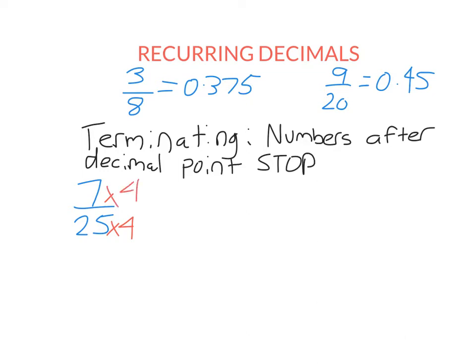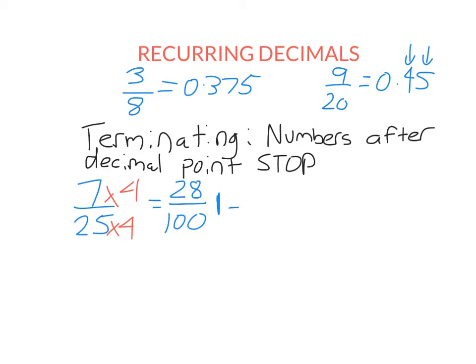So what I'm doing is finding an equivalent fraction. 7 over 25 is the same as 7 times 4, which is 28, over 25 times 4, which is 100. 7 over 25 and 28 over 100 are the same thing. But this fraction here is much easier to convert to a decimal because its denominator is a power of 10. And in decimals like this, each column is a different power of 10.